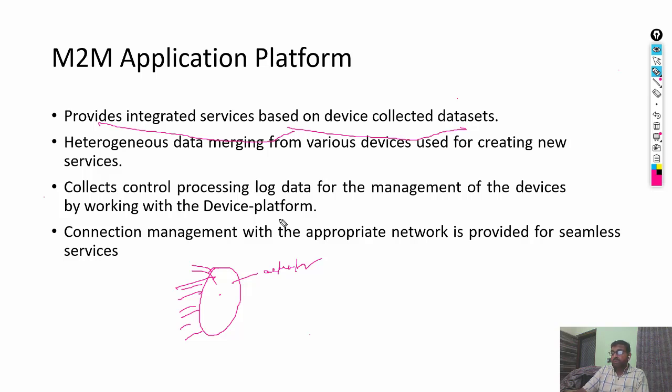For whichever purpose we want to design the machine, we have to install the application for that purpose's data. Here, heterogeneous data merging from various devices is used to create new services.